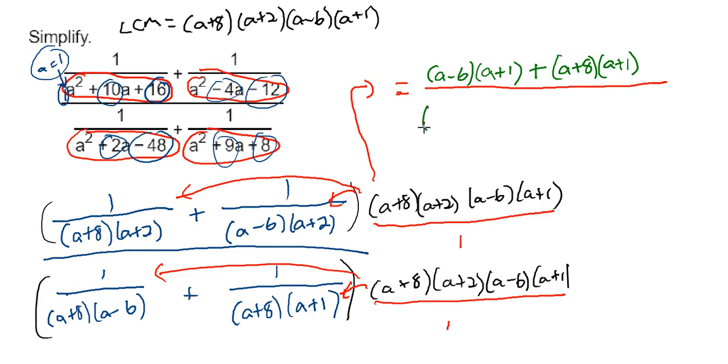Plus, because again, there's a plus sign here, a plus 8 cancels out, a plus 1 cancels out, so what we'll have left over is a plus 2 times a minus 6.